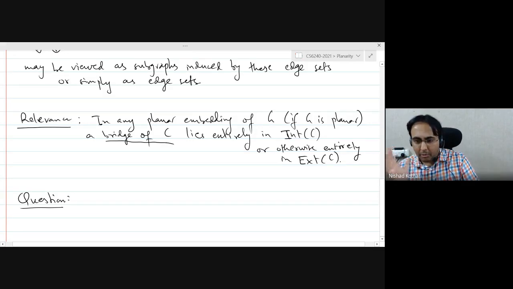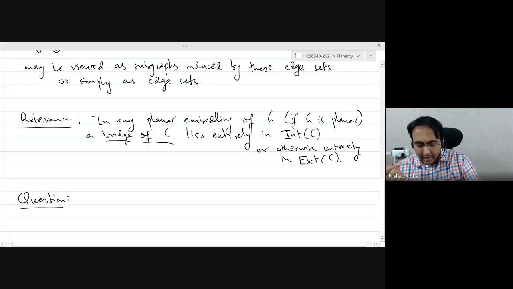If you look at the boundaries of the faces in any two different embeddings, you will have the exact same boundaries in these two sets. That's one thing we want to prove. Another thing we want to prove is Kuratowski's theorem. And for both of these, we will find the concept of bridges very useful.